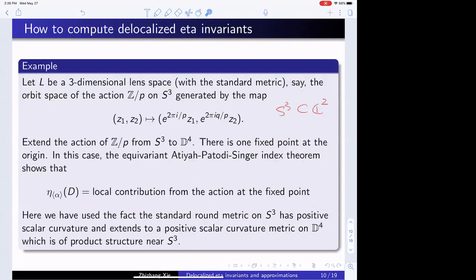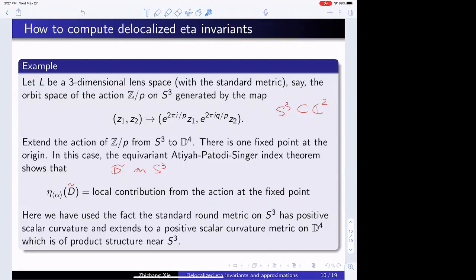Applying this theorem, you will see that the delocalized eta invariant of D tilde, which is on this cover here, at any element here is very computable. There's a local contribution from exactly that fixed point. I'll leave out the explicit formula, but it's very explicit, and you can just compute it. It's some number.